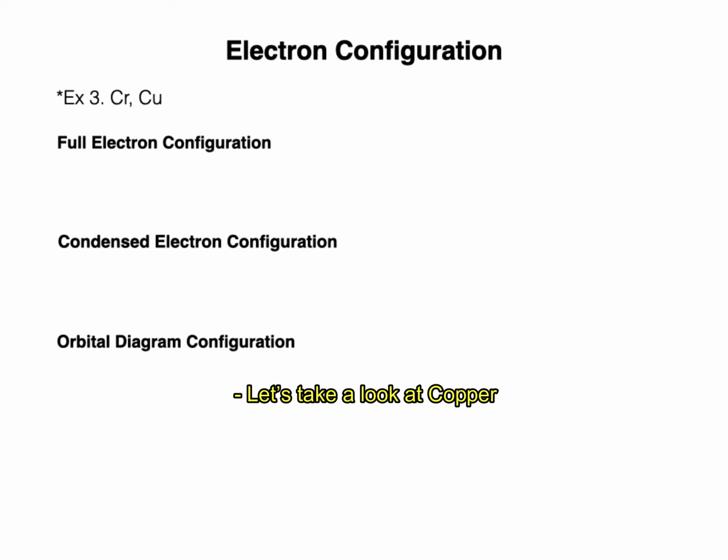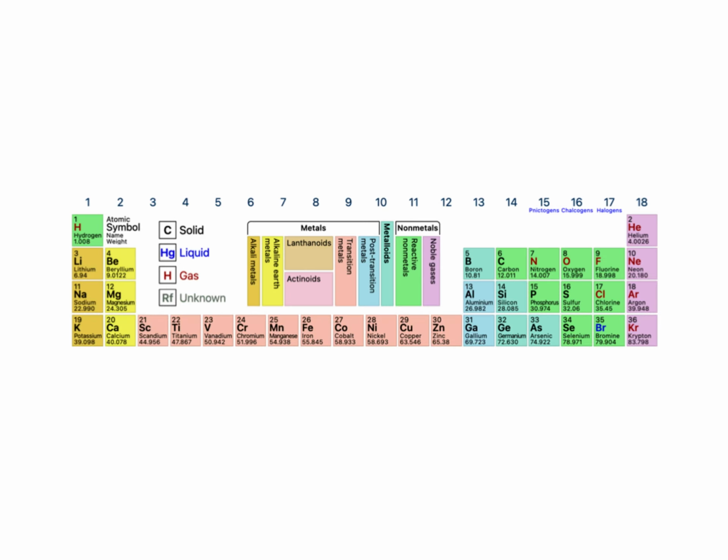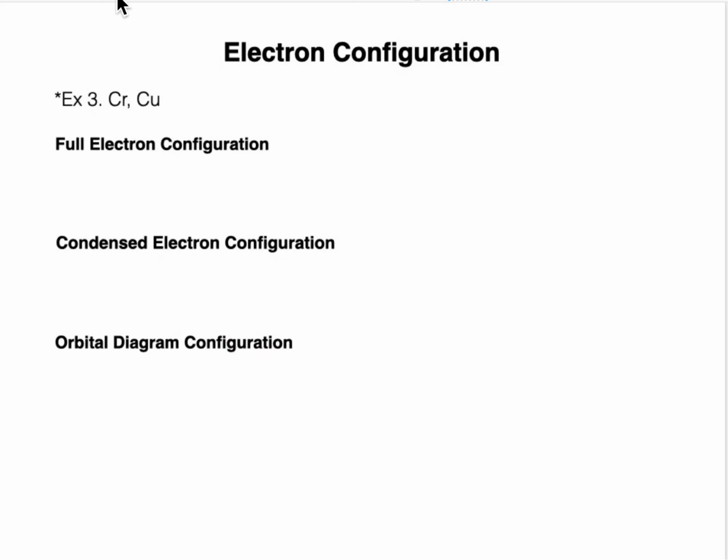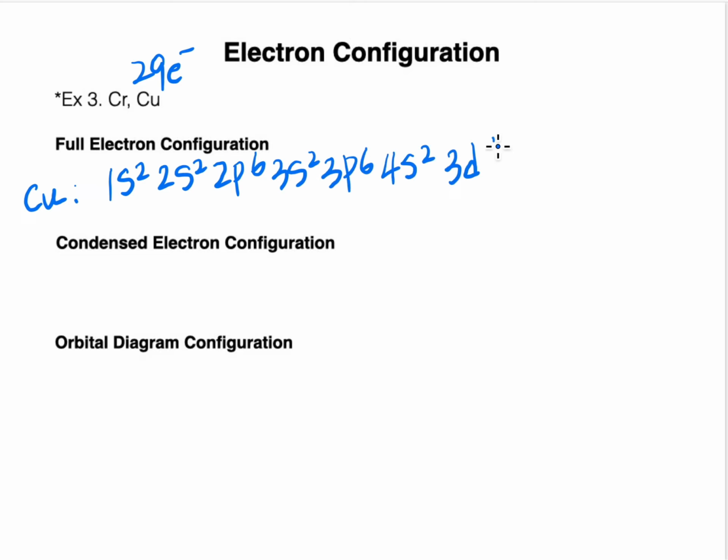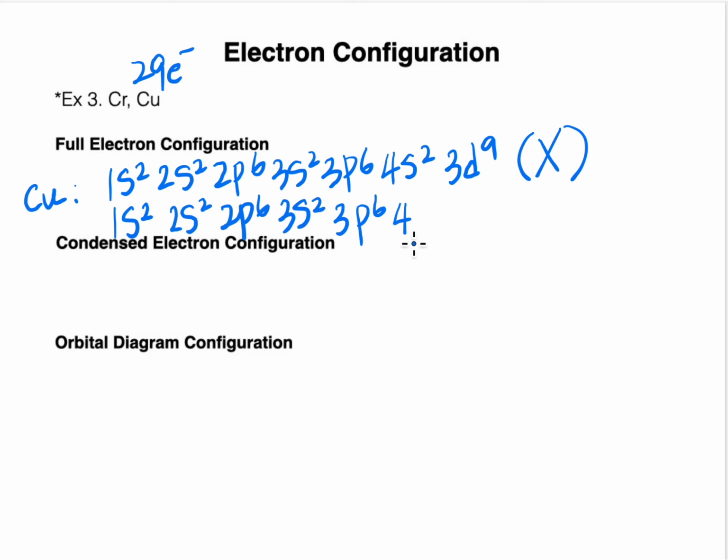Next question. Looking at the periodic table, we can see that the atomic number of copper is 29. So there will be 29 electrons that will occupy copper. The full electron configuration of copper is also easily mistaken. The full electron configuration written above is incorrect. Instead of writing 4s2, 3d9, we write it as 4s1, 3d10.